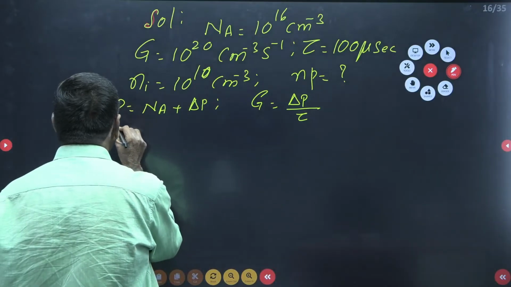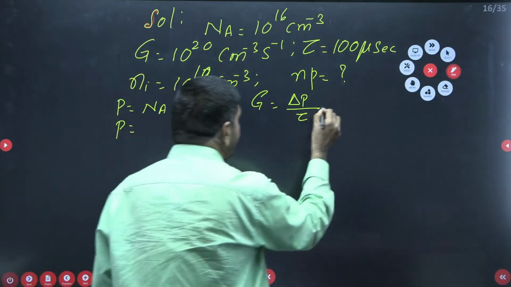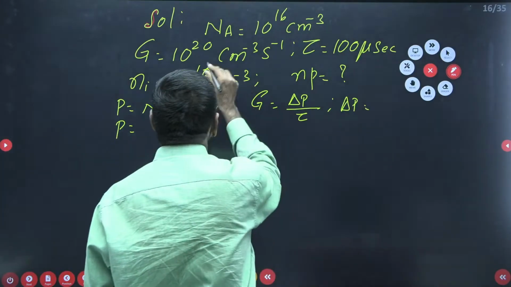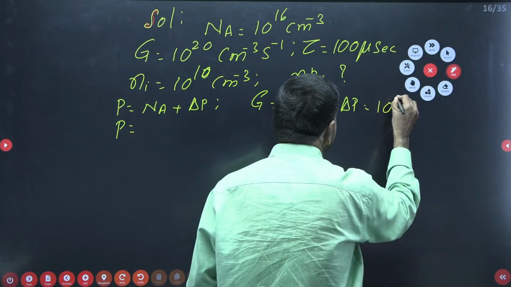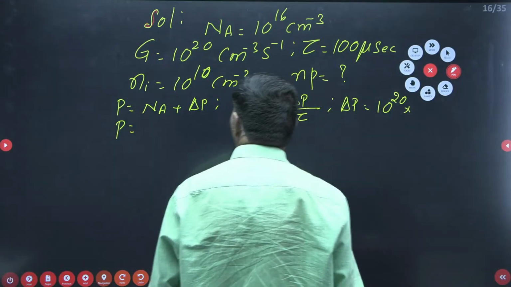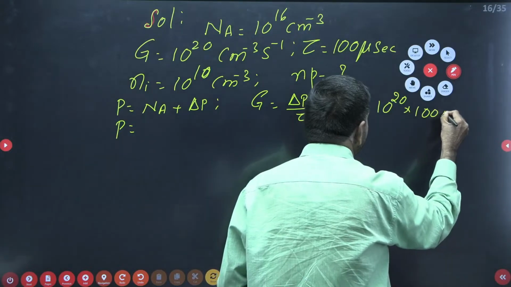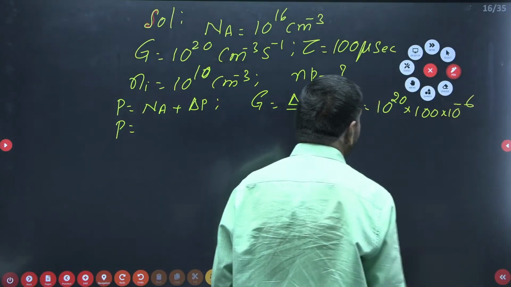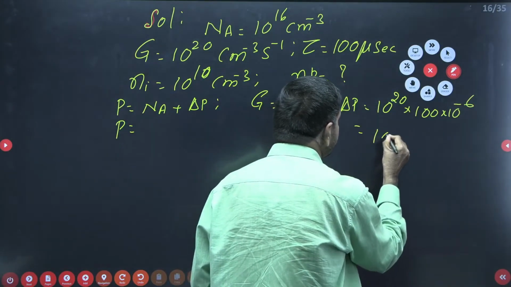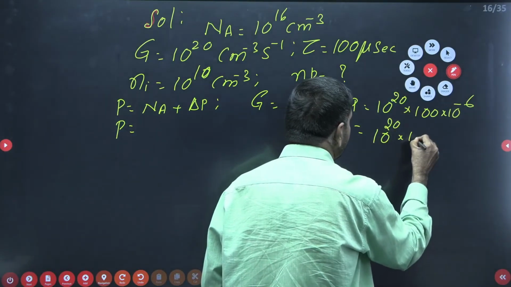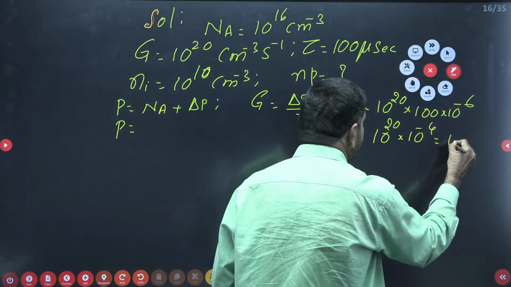So I can write delta p is nothing but generation, which is given as 10 power 20, times tau, which is given as 100 microseconds, that is 100 into 10 power minus 6. This is 10 power 20 into 10 power minus 4, finally 10 power 16.